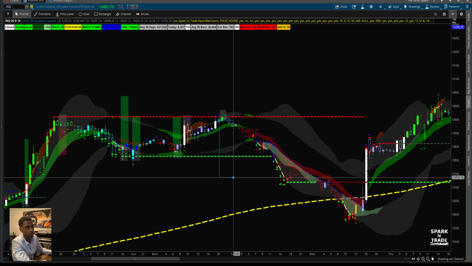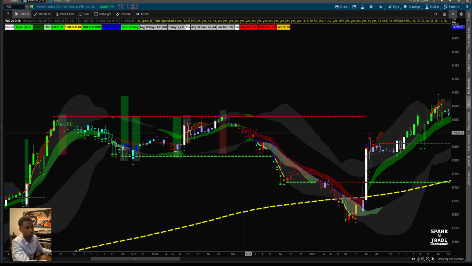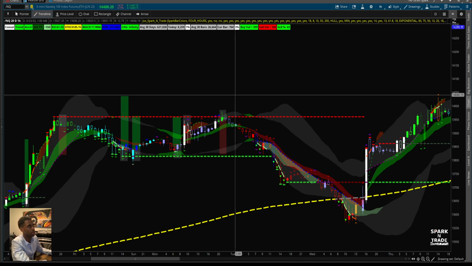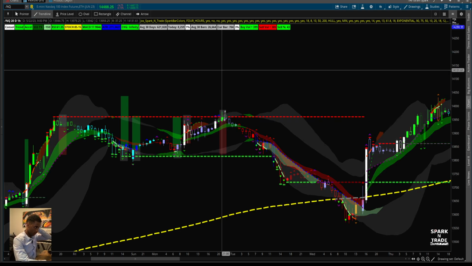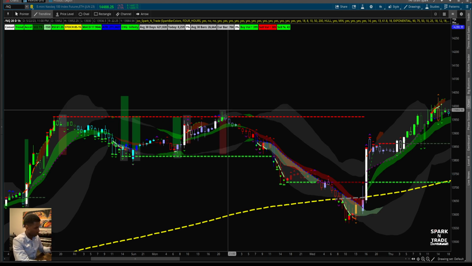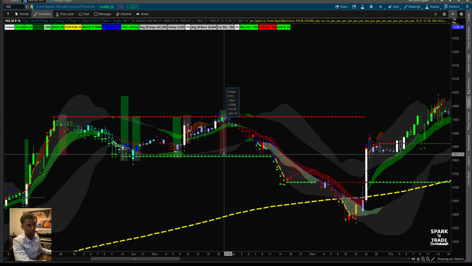I'm pretty sure I can extend this to the bottom if we wanted to go from zone to zone, but we know that this is definitely more than 2R. Right? So this is about 39 points to make 120 points.